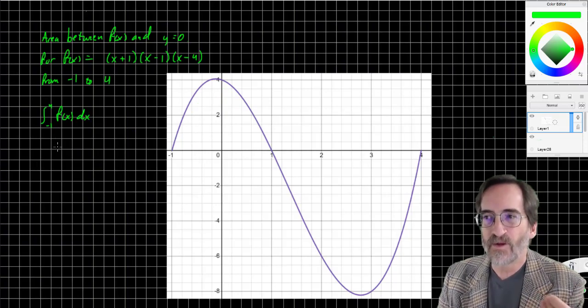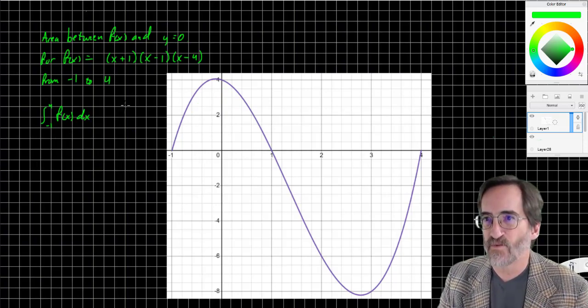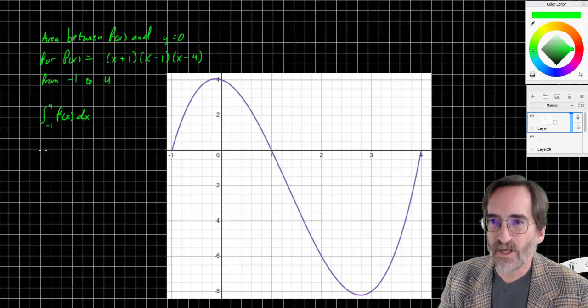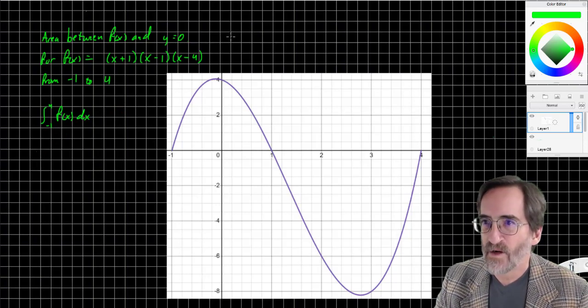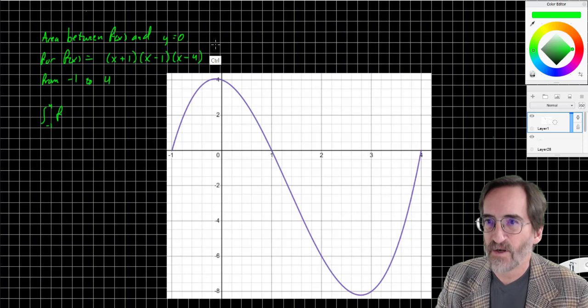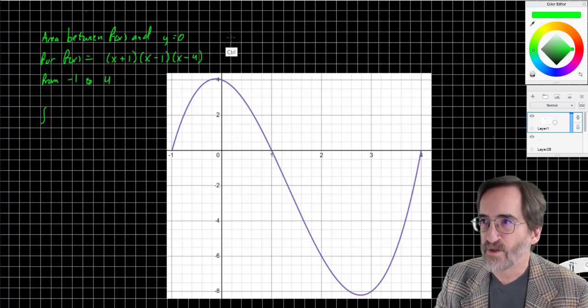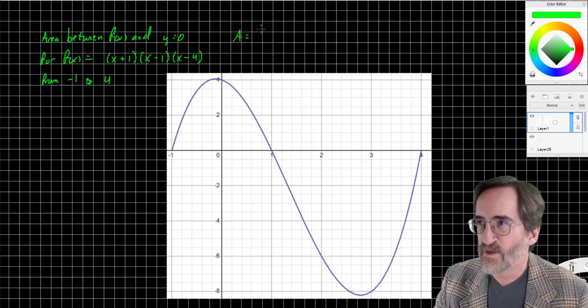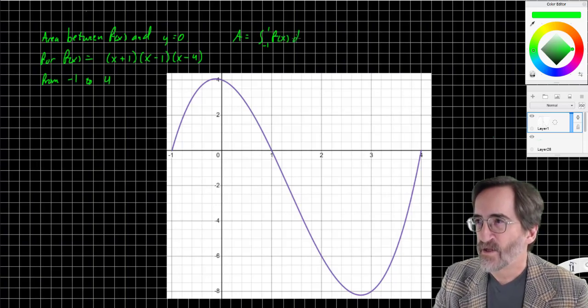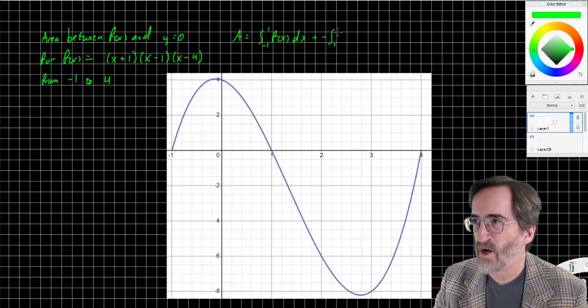Now you could formalize it this way. The area is equal to the integral from -1 to 1 of f of x dx plus the negative integral from 1 to 4.